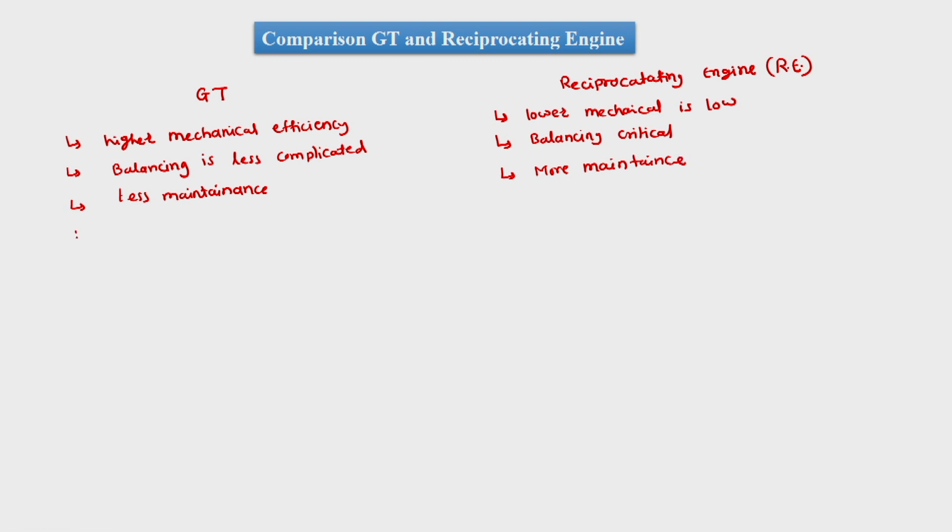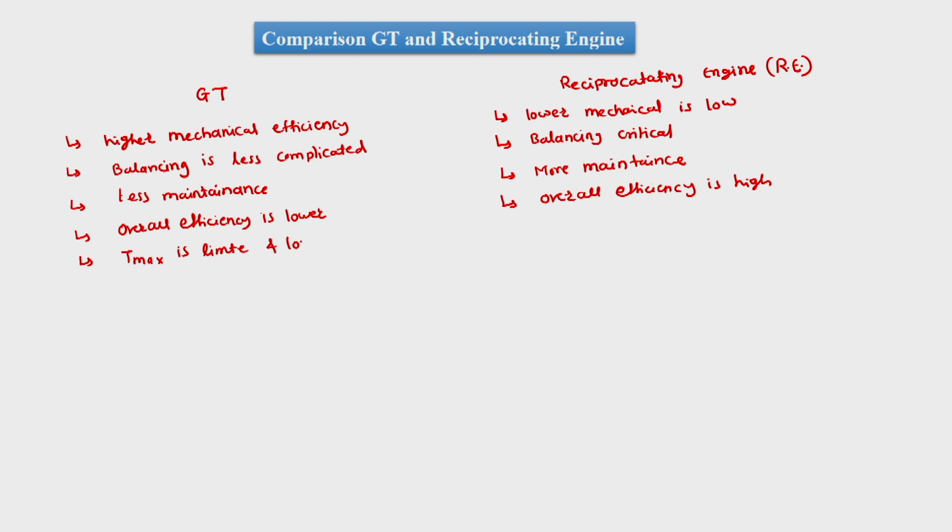Overall efficiency of gas turbine power plant is lower than the overall efficiency of reciprocating engine. This is due to the fact that gas turbine engines cannot operate at higher temperatures. The maximum temperature of the cycle is limited and lower.